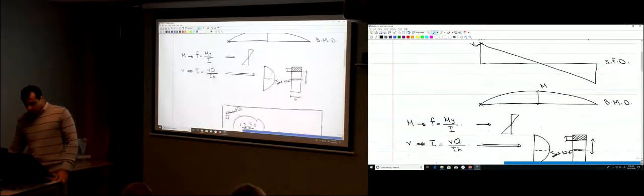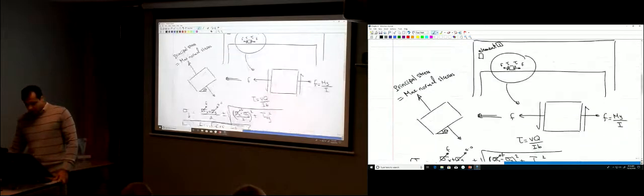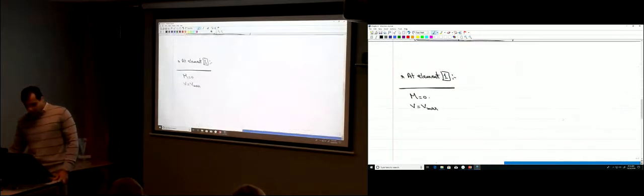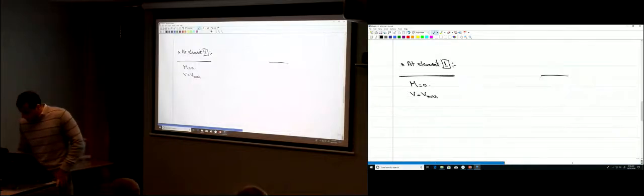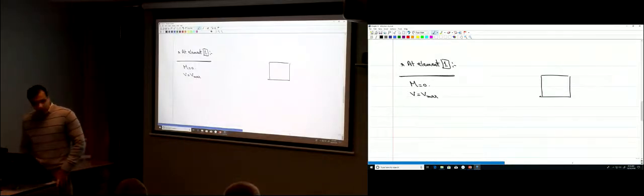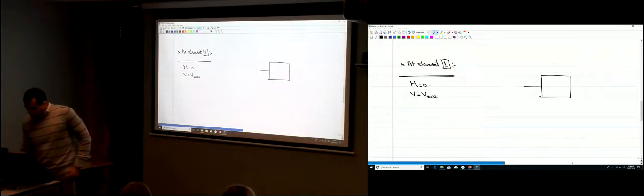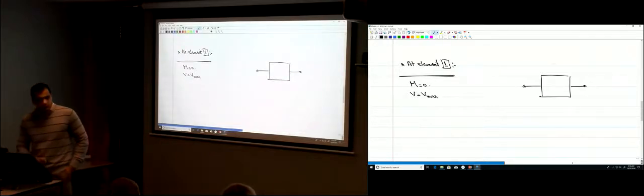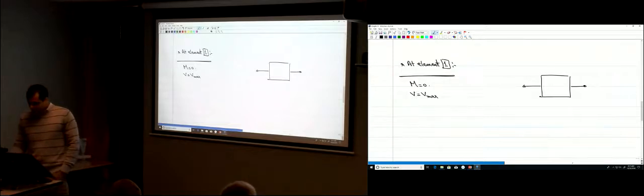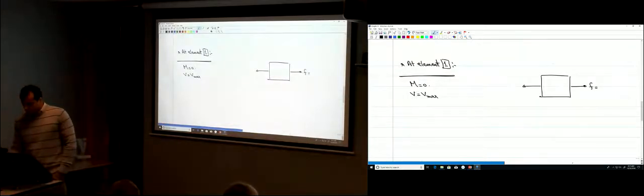So if we take that element, let's enlarge that element, and study what type of stresses we have here. So that's the element that we have here, okay? How much is this normal force? F? F is what? My over I, right? It's a function of the moment. So it's going to be 0.